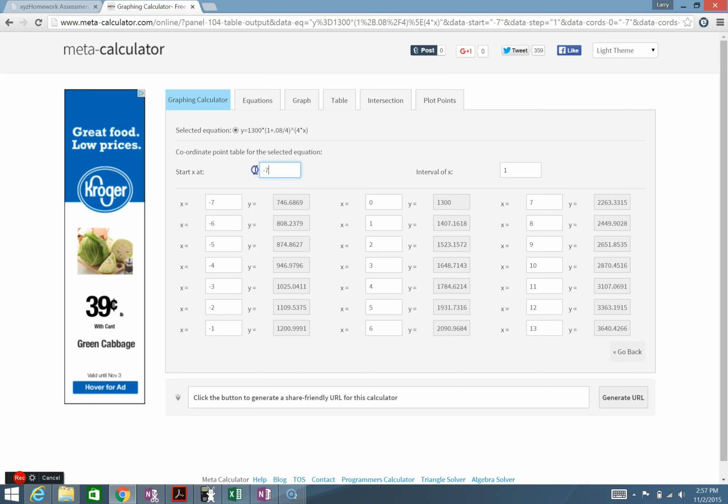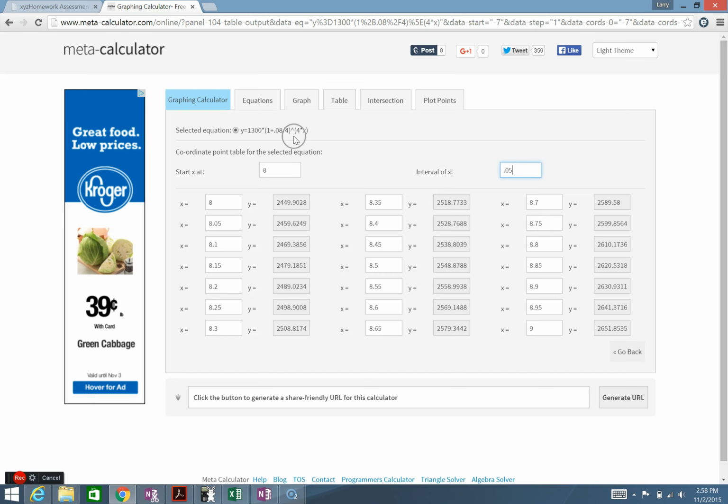Here, I'm going to change my starting value to 8. And instead of counting by ones, I'm going to count by 0.05. All right. So now here you see we have 8 and 8.05 and 8.1, so forth. And I want to see, when does it get to be 2600? Here. At 8.75, it's 25.99, and at 8.8 is 26.10. So it's very close to this 8.75.